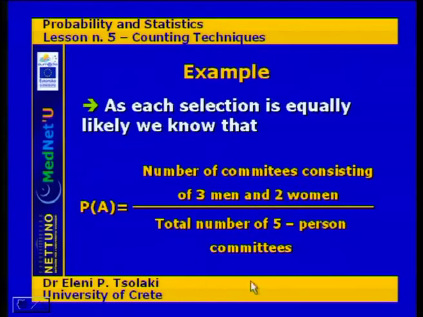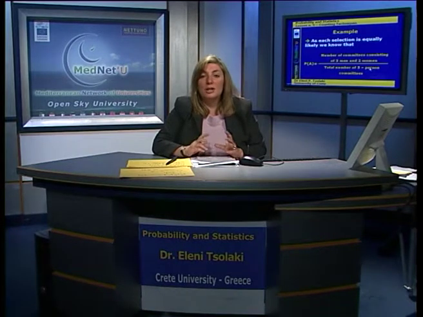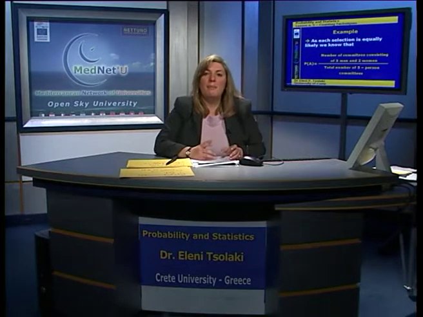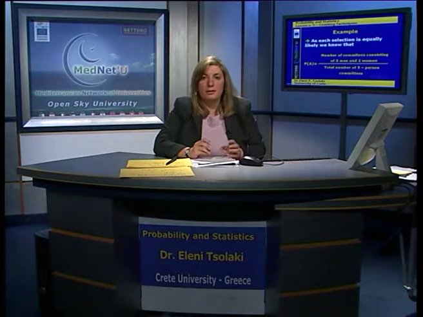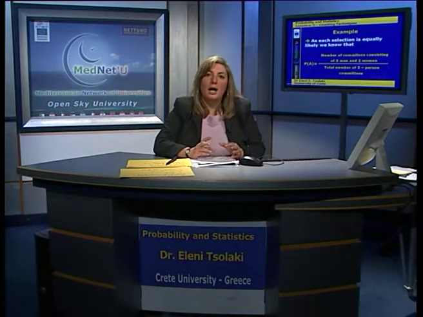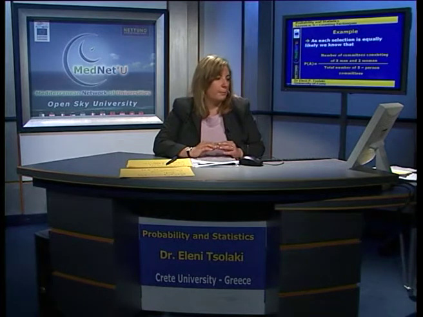This is the sample space. This is the total number of ways we can have a 5 member committee. We don't care if we have 3 men and 2 women. We can have any combination. We can have 5 men, 5 women, and so on.